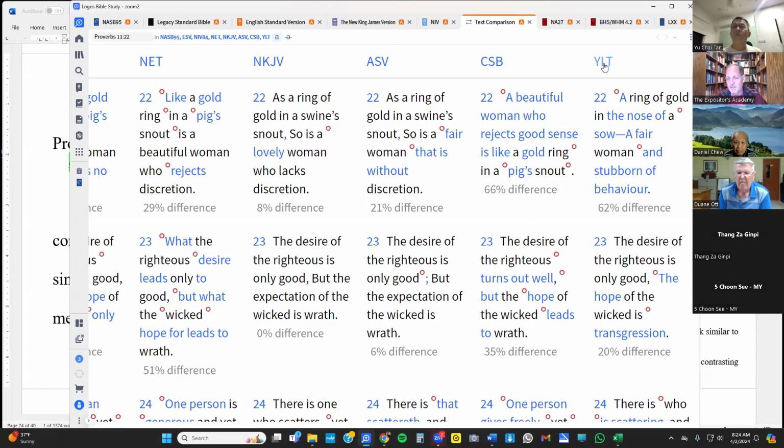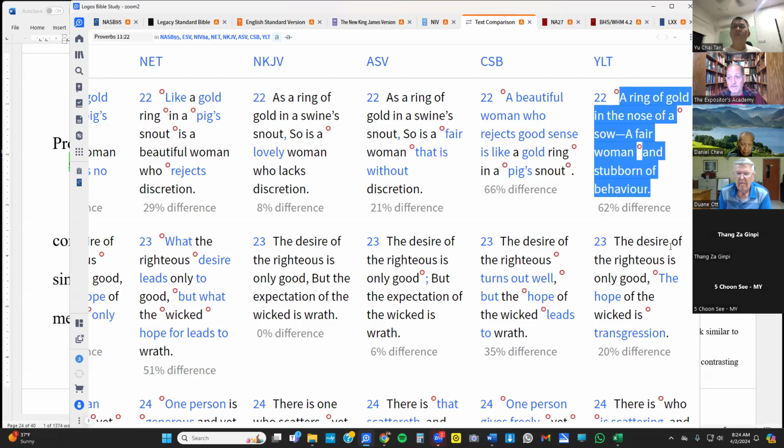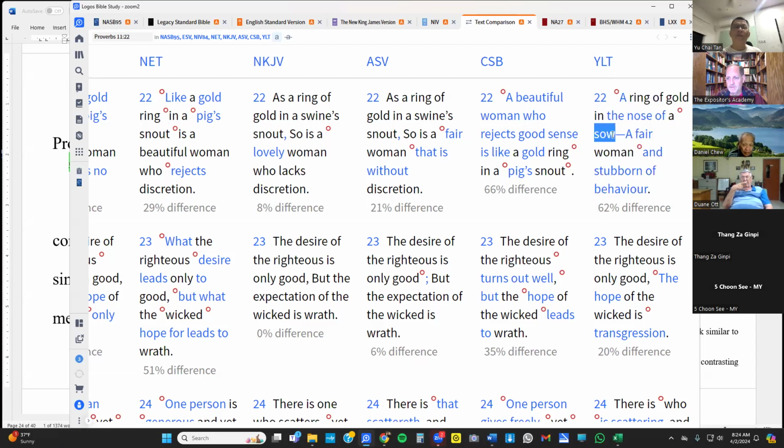Notice though the Young's Literal Translation: a ring of gold in the nose of a sow, fair woman and stubborn of behavior. So they did not put in the like. They actually made it a hypocatastasis. They didn't even put is there. Yeah, and they changed the swine to sow, with the female. Yep.